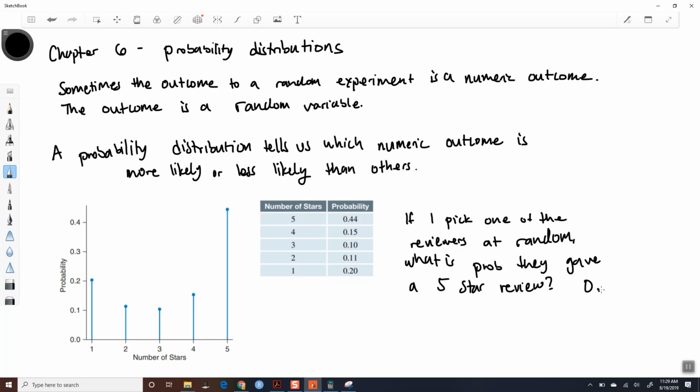All right, so we have that. Here we can just say, if I pick a reviewer at random, what is the probability they gave a positive review?